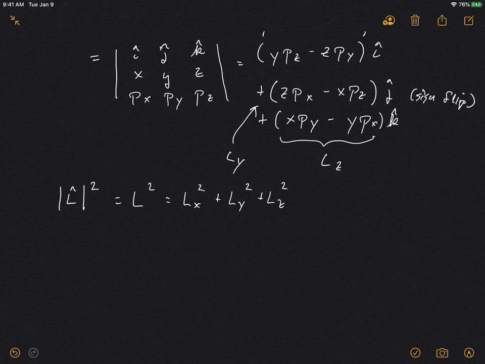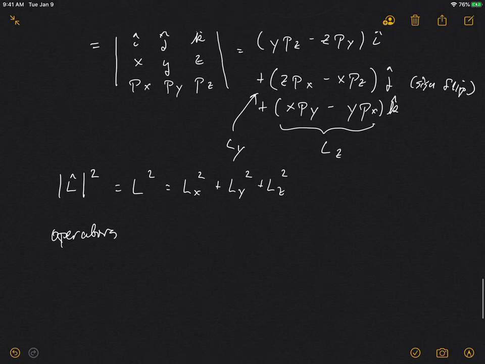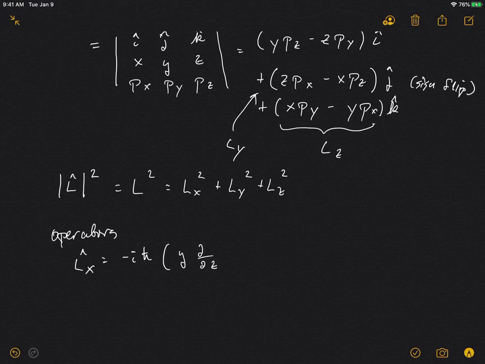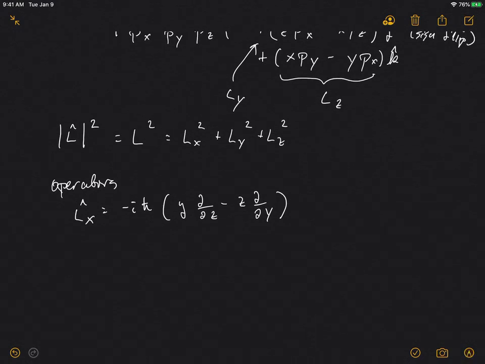So the operators, based on our classical expressions, are going to be: the L_x operator is going to be minus i h bar (y d/dz minus z d/dy). We can go from there to spherical polar coordinates maybe later when we need to. I don't want to go that direction right away.